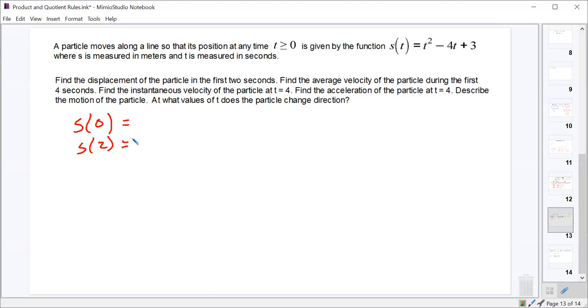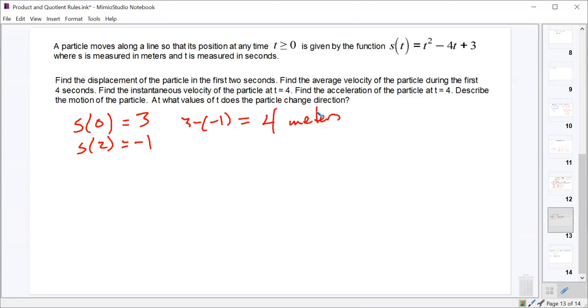The position at 0 is 3. And the position at 2 is -1. So the displacement is 3 minus -1, or 4 meters.